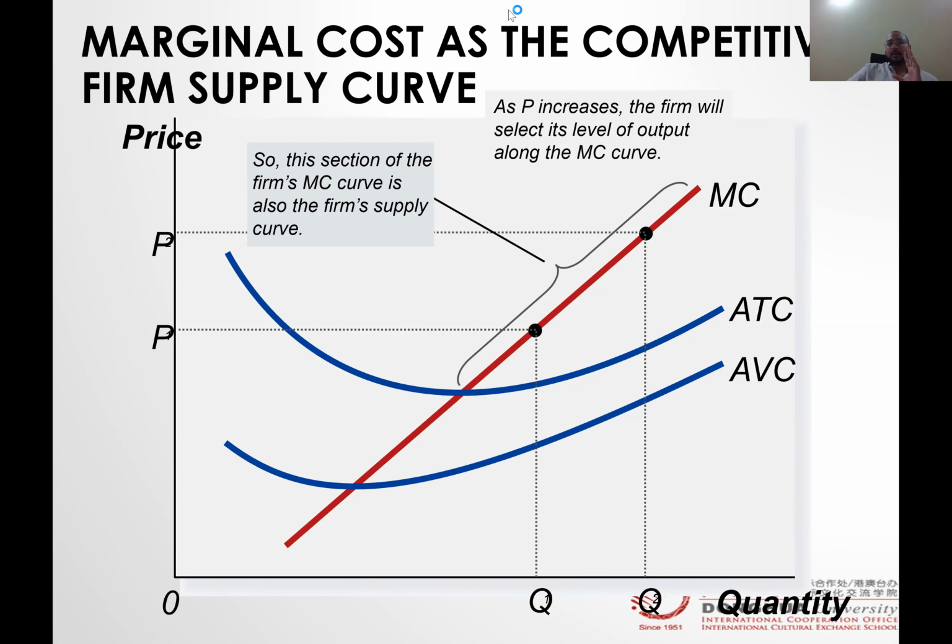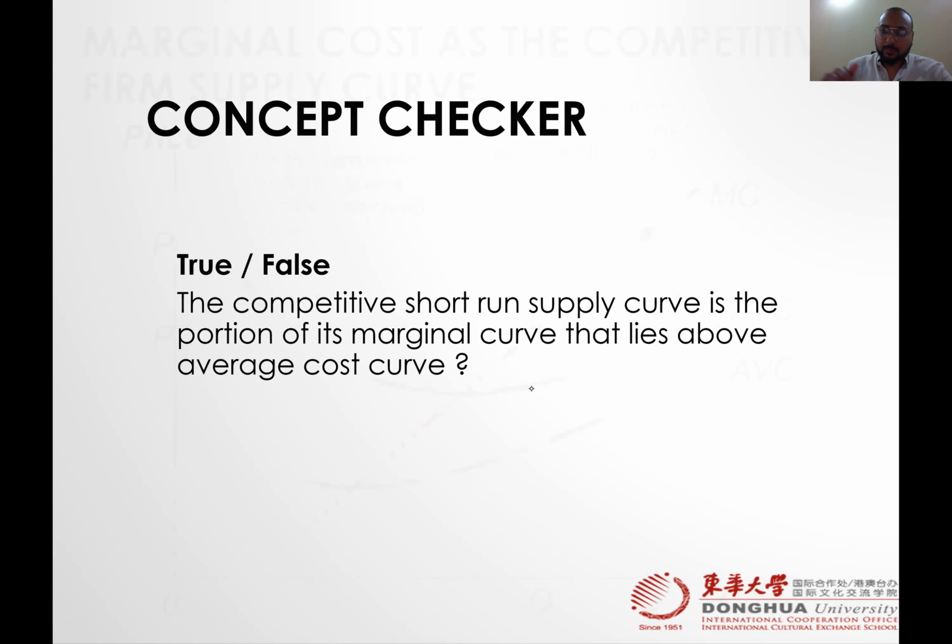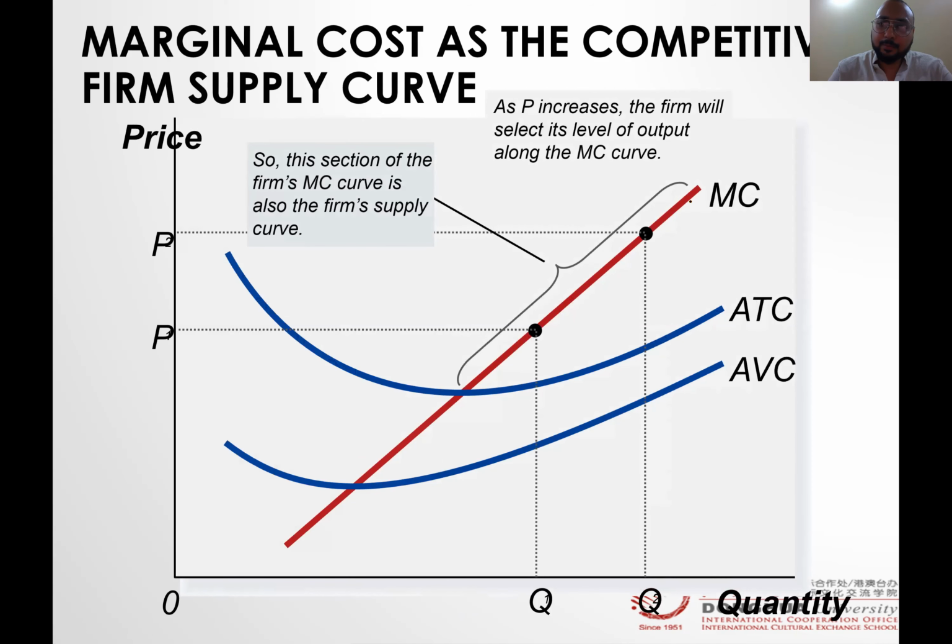If MC is the replica for the supply curve, then why don't we call the whole MC the supply curve? Why only this section? From here to here. Only this section. Why not this section? Because nobody wants to produce at less than average total cost.